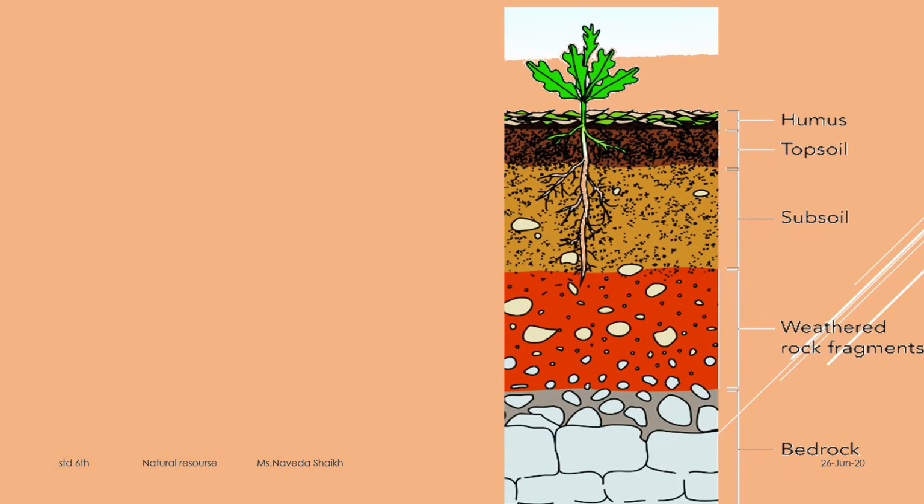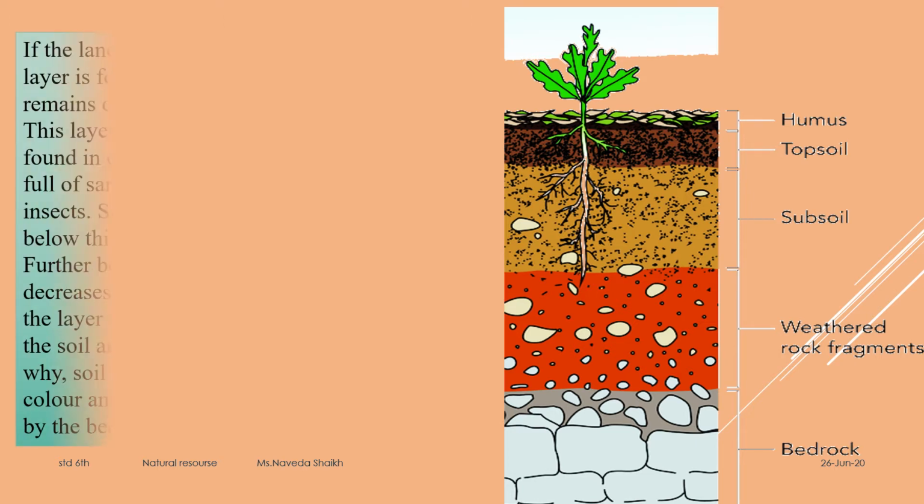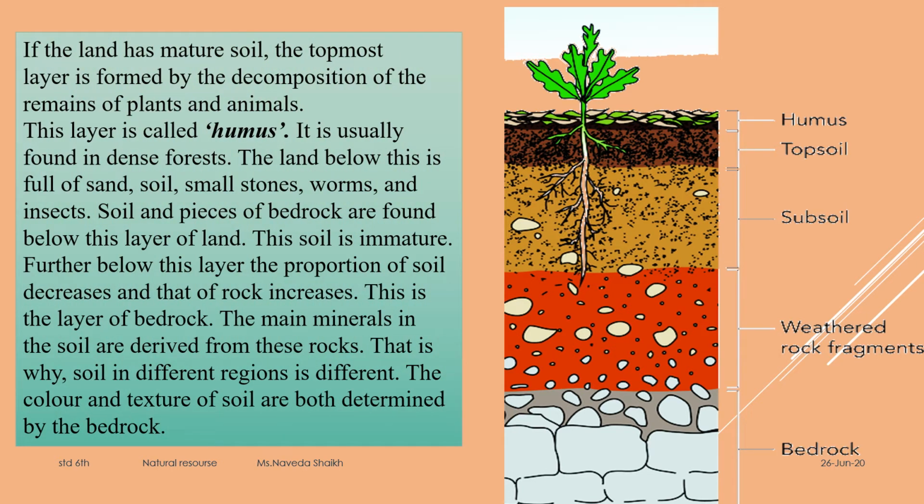Let us understand the layers of the land. At the very top, you will find a layer which is rich in plant and animal remnants. Over a period of time, when plants and animals die, they settle onto the surface of the earth. This topmost layer is called humus.